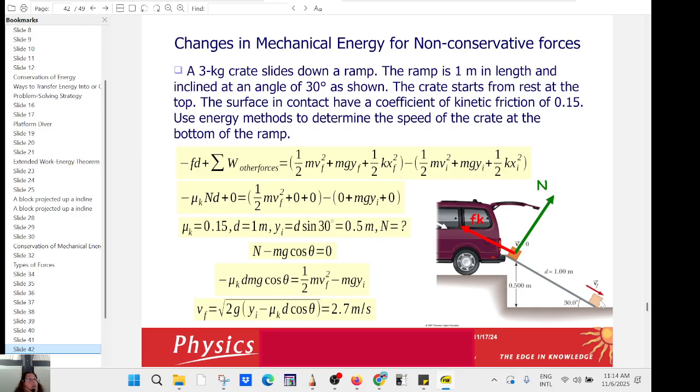At the end, it's all kinetic, and eventually it's going to stop because friction is still acting. They want you to find how far it will go. It's the same kinetic coefficient, and they want you to find how far it will go.